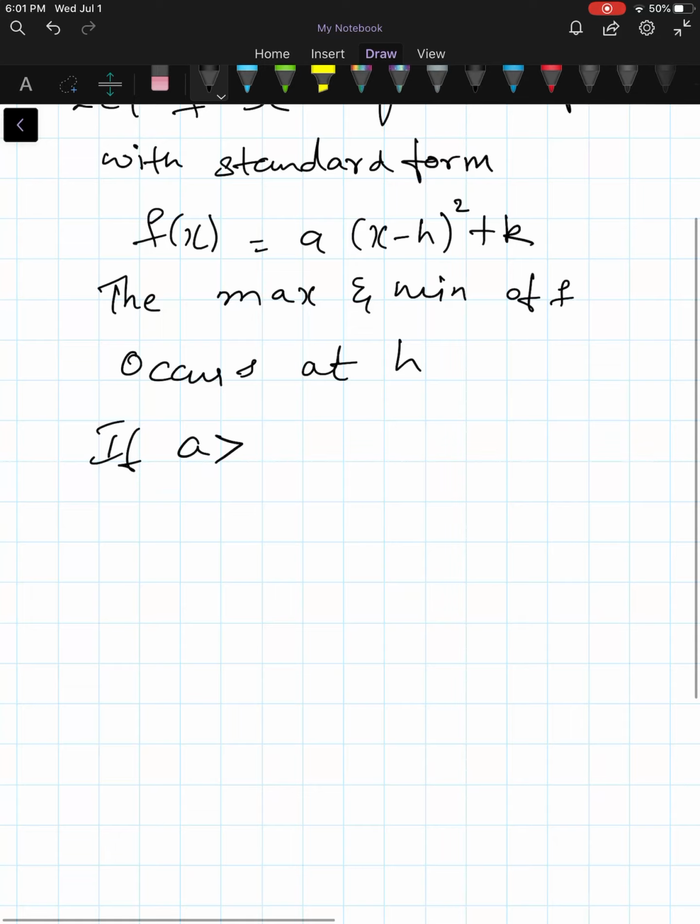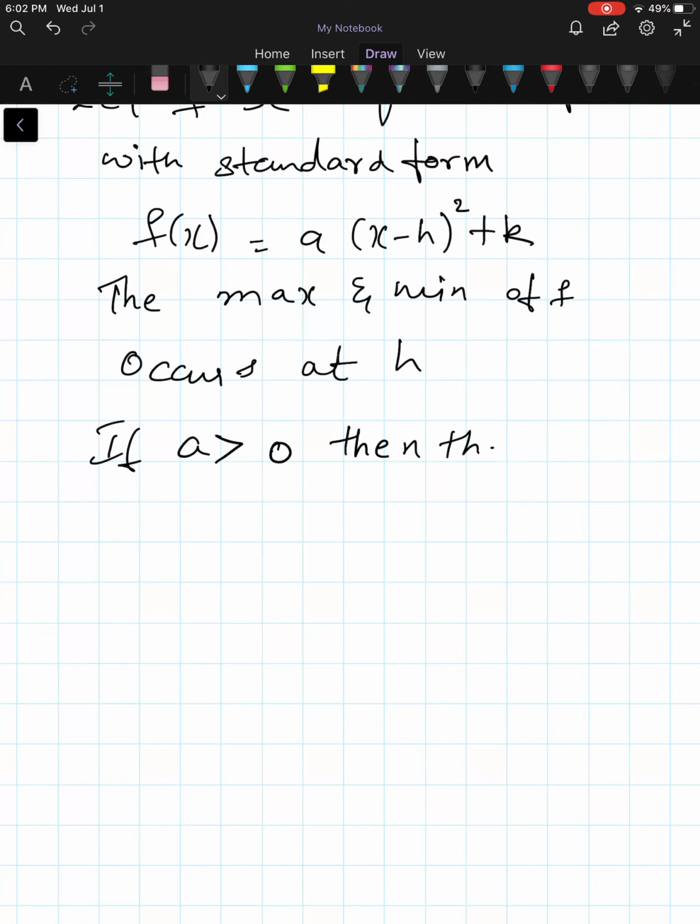If a is greater than 0, as I already discussed, that is when the graph will be upward and when it will be downward. The graph will be upward if a is greater than 0. If the graph is upward, you will have a minimum value, you will not have a maximum value.